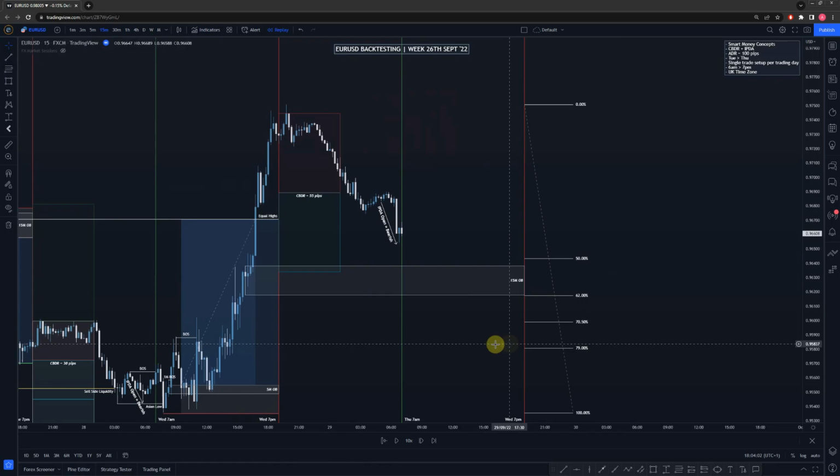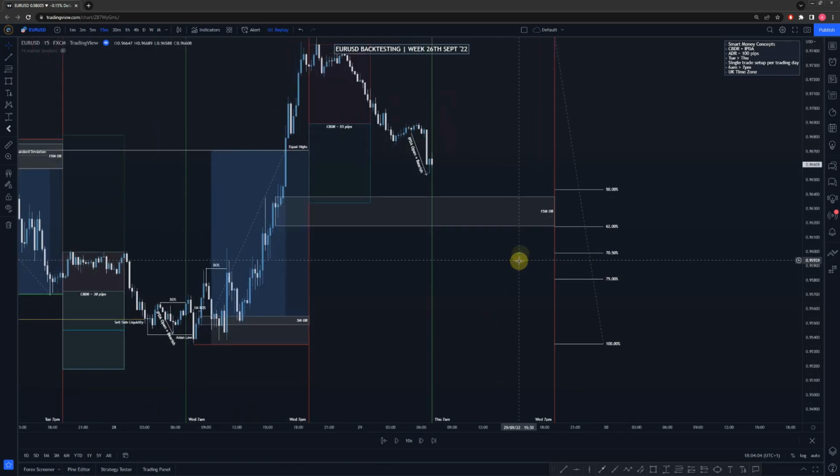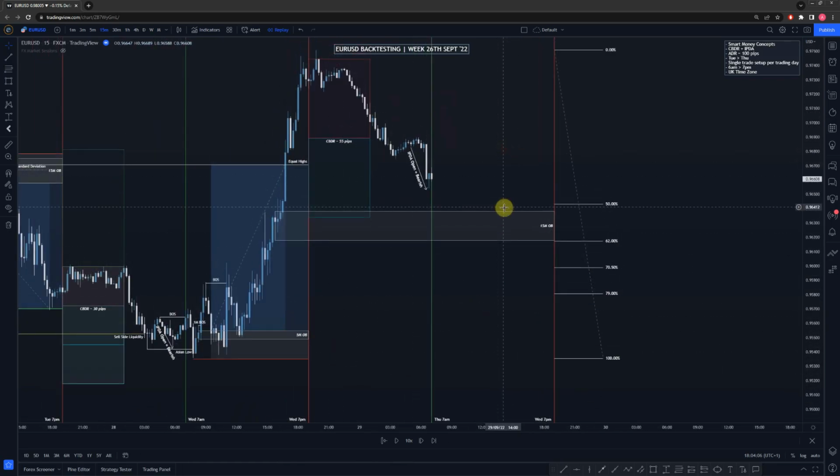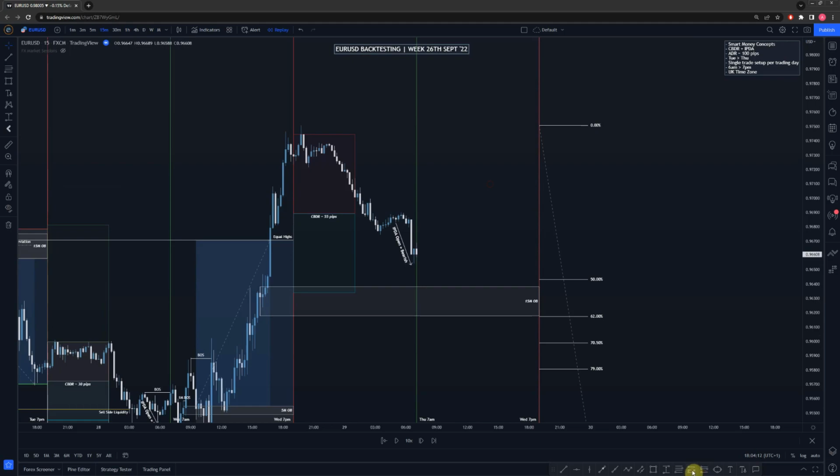And as we're looking for buys today, I wouldn't want to see price drop below this, because again, that's the market moving more than the average daily range for the day. So let's put a long order for our continuation right at the open or the high point of this 15-minute order block, and let's keep our stop loss just below the 15-minute order block.